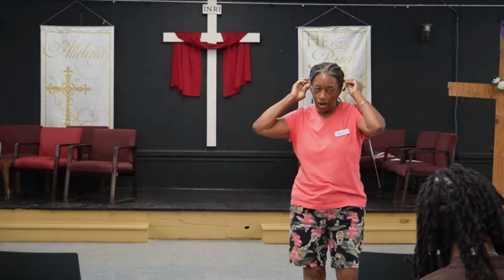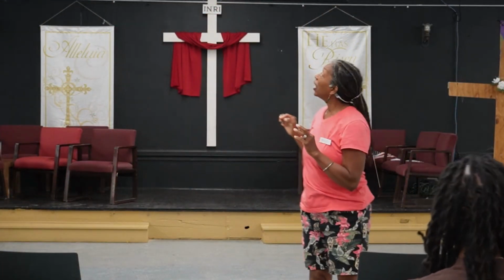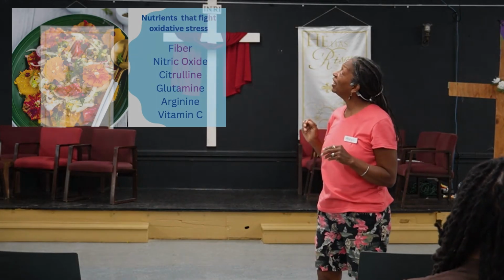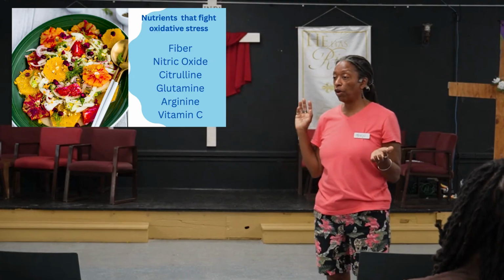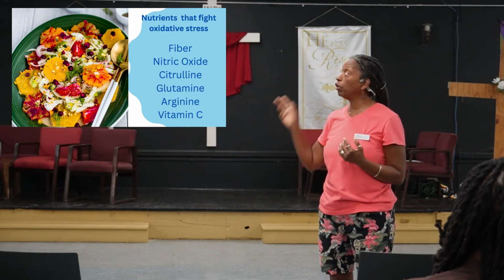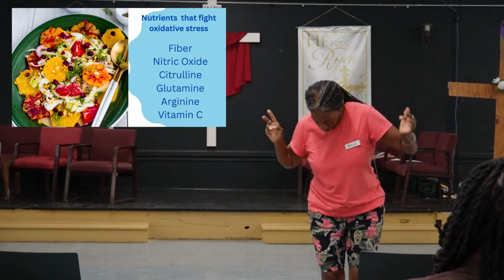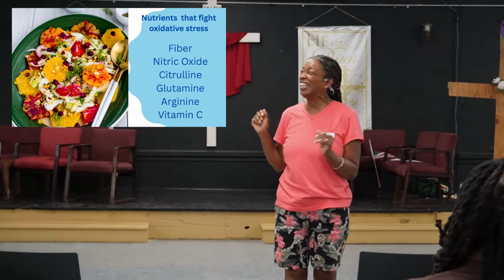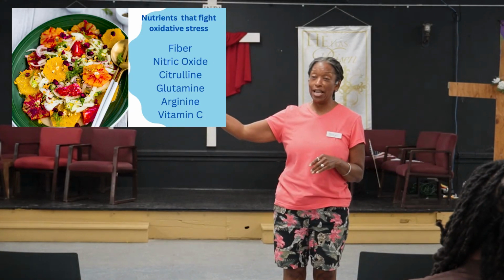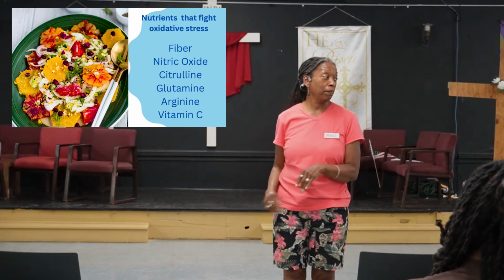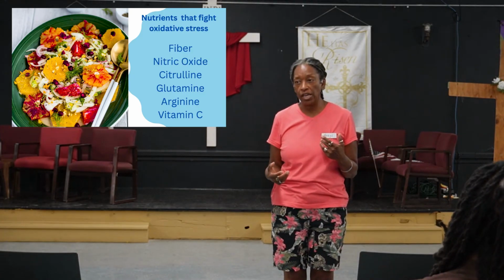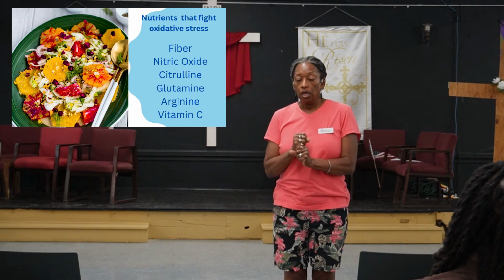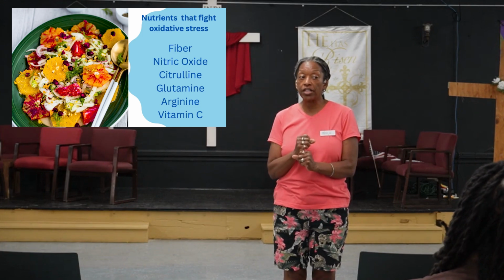Part 2. Time to talk about food. Next slide, please. All right. So what Jocelyn was referring to earlier is the different nutrients that actually support anybody dealing with constrictions in the vessels, right?